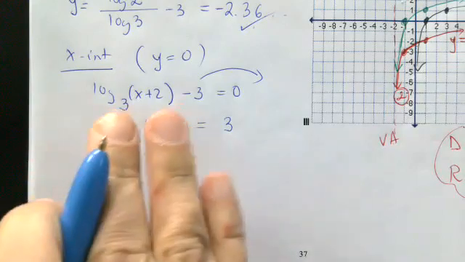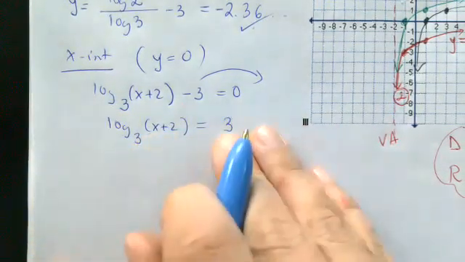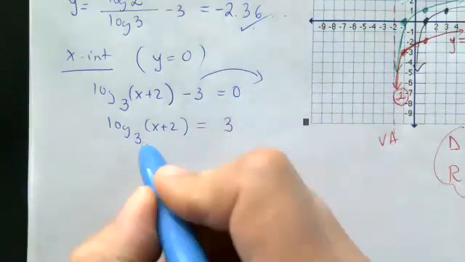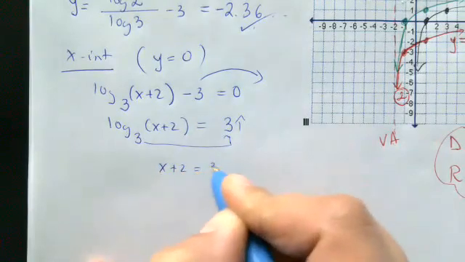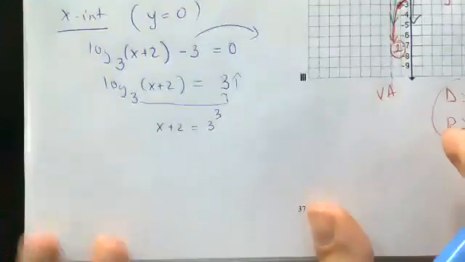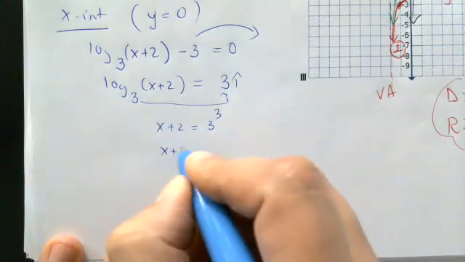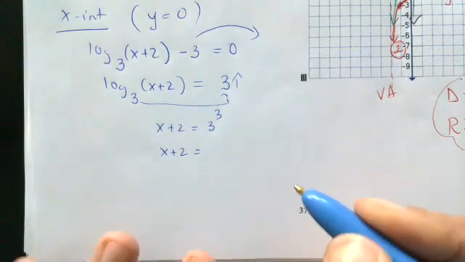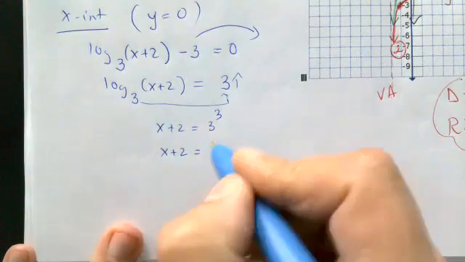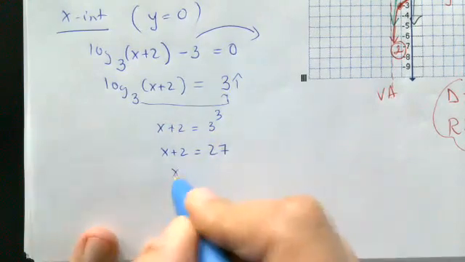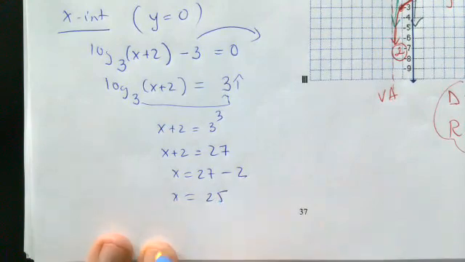Once we have a log equals a number, we can use the exponential form notation, right? So 3 comes around, pushes the 3 up. We have x plus 2 equals 3 to the 3. What's 3 to the 3? Not 9. What is it? 27. Then x equals 27 minus 2, x equals 25.